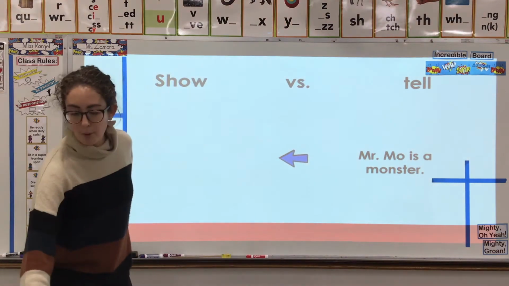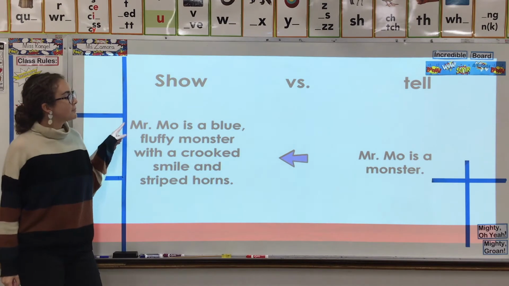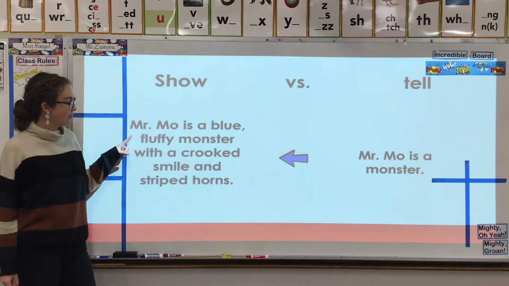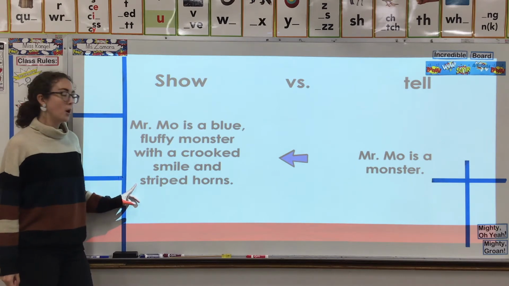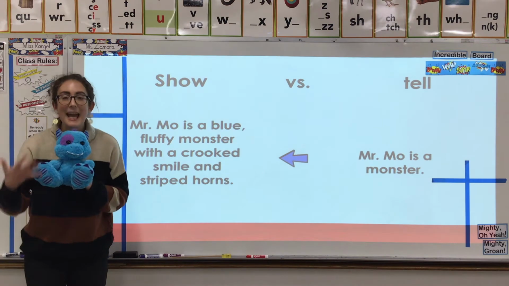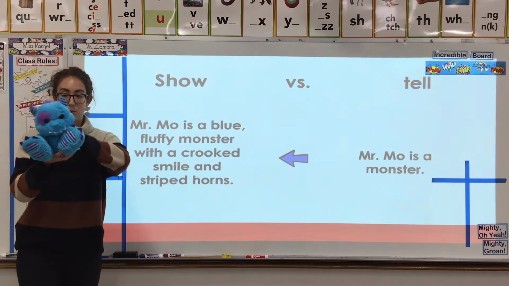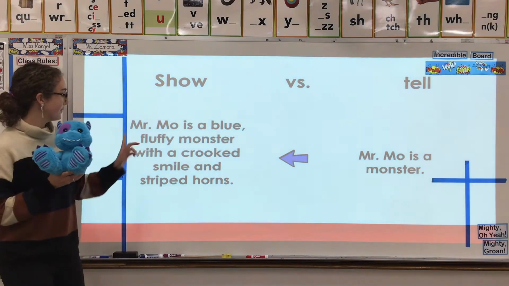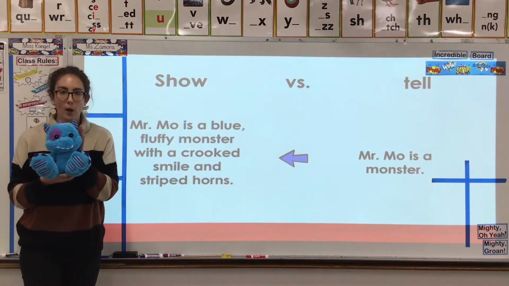So for example, if I wrote instead, Mr. Mo is a blue fluffy monster with a crooked smile and striped horns. You can see and picture Mr. Mo so much better. He's a blue fluffy monster with a crooked smile and striped horns.